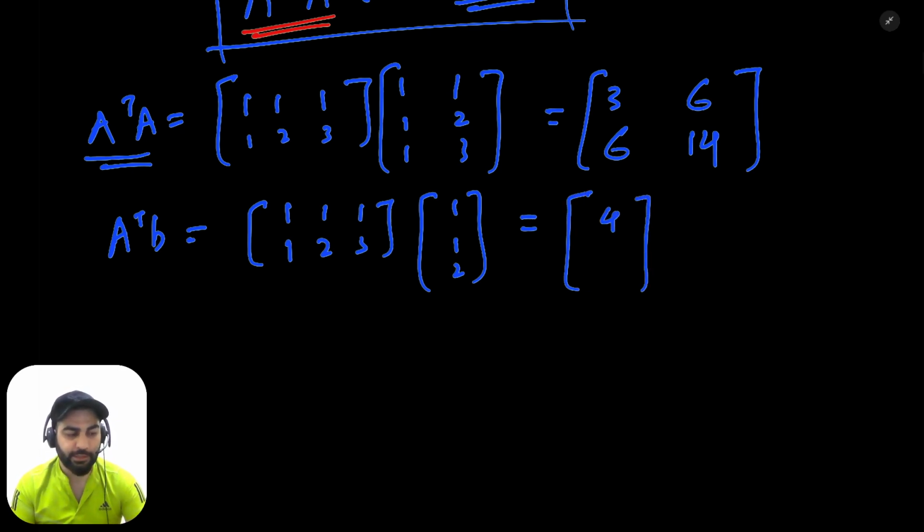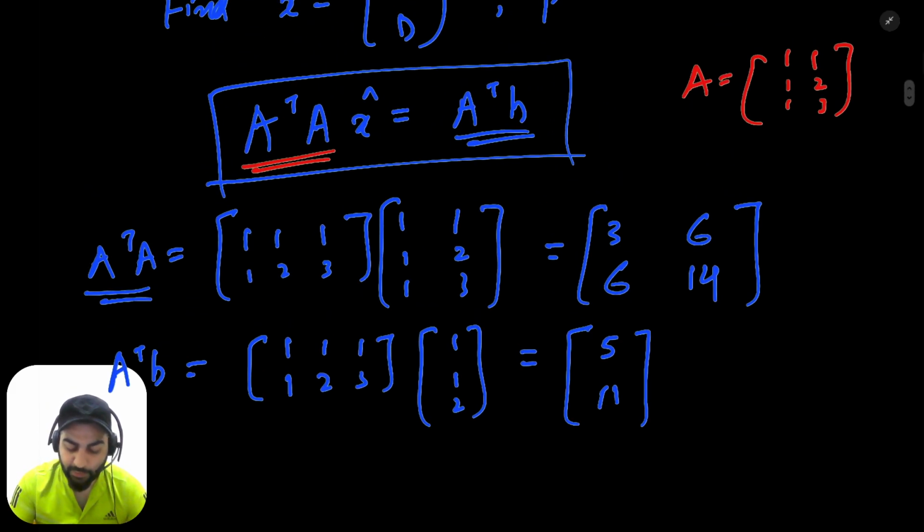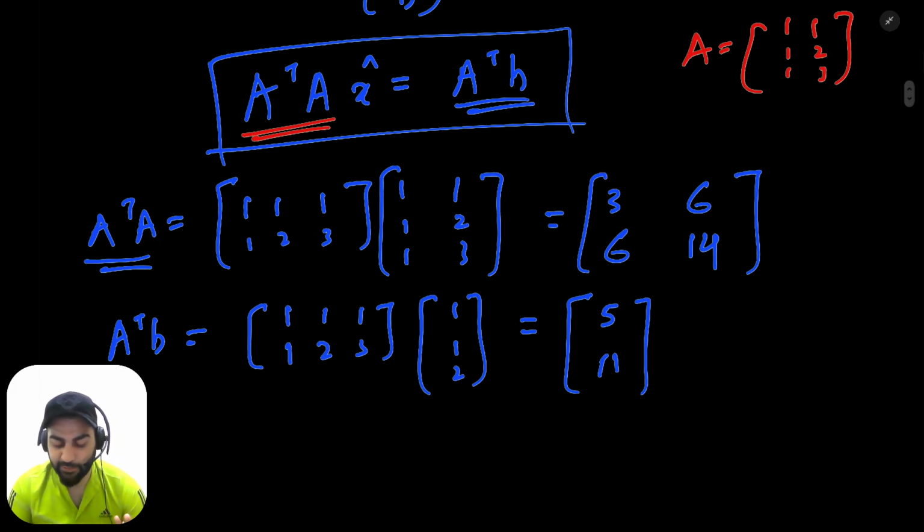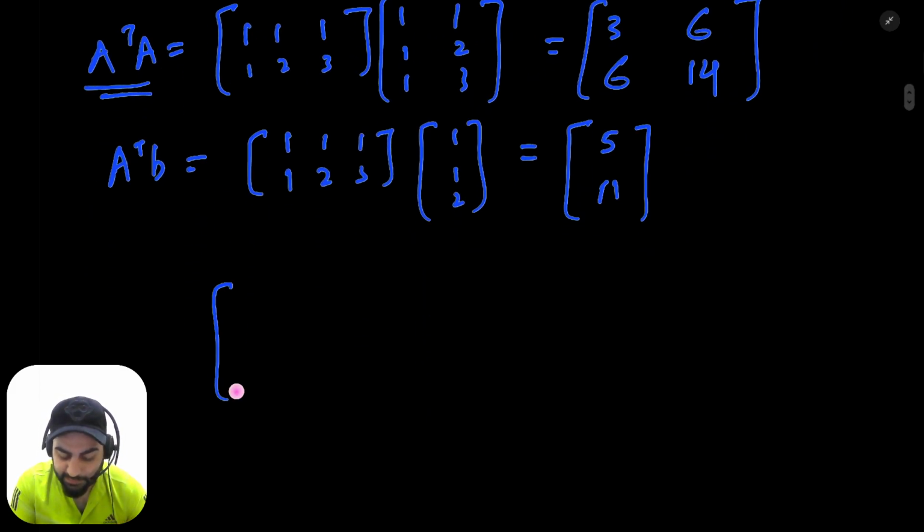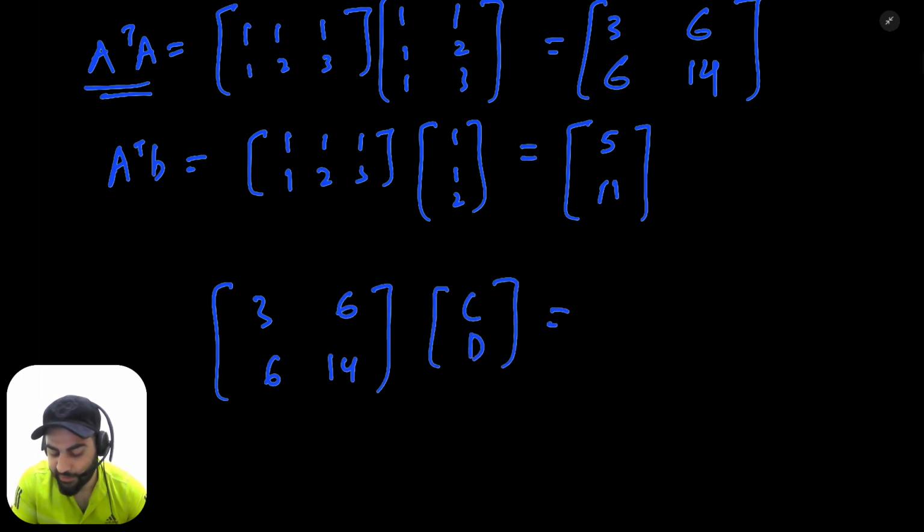The second entry will be 1 plus 2 plus 6, so this will be 11. So now we have solved this and we'll put the values in. This 3, 6, 6, 14 multiplied by C D is equal to 4, 11. That's what we got out of this equation.